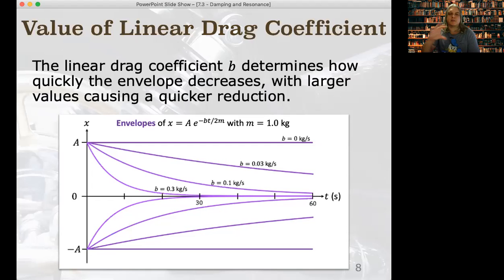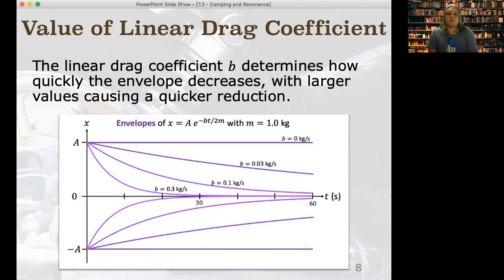We get that envelope starting to close as time goes on. And so I've just got 3 randomly chosen values here, and they're all with mass 1 kilogram. They just show you that if you start at amplitude A, then as you increase the drag coefficient, the amplitude decreases more quickly.